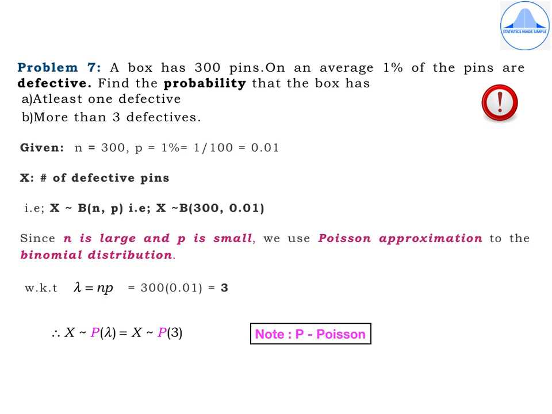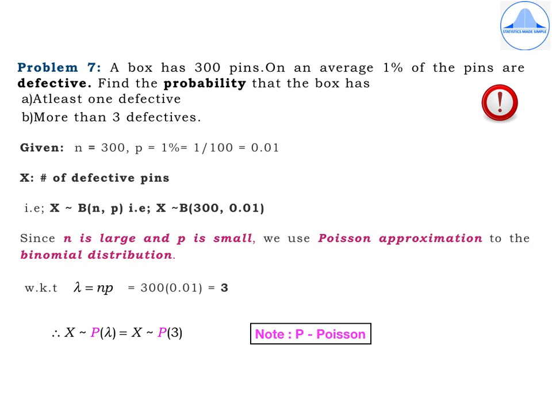So the second step is to define capital X as the number of defective pins. In terms of notation, X follows binomial 300 comma 0.01. Now write the sentence that since n is large and p is small, we use Poisson approximation to the binomial distribution.